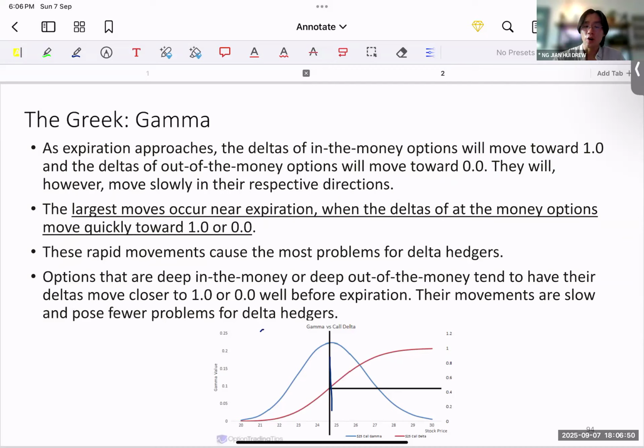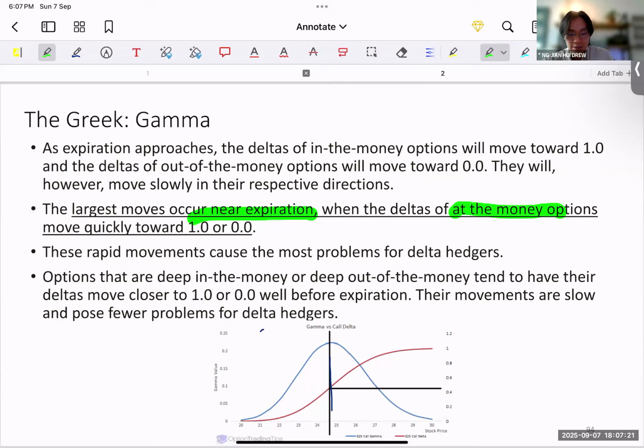So similar to your delta, which is usually the highest close to expiry and near the money or at the money, for your gamma, the highest gamma change also occurs near the expiry, right? And when it's an at the money option. So it's very similar to your delta.